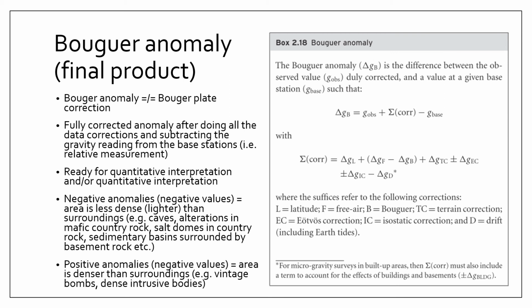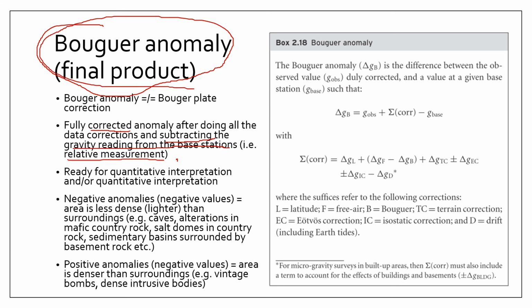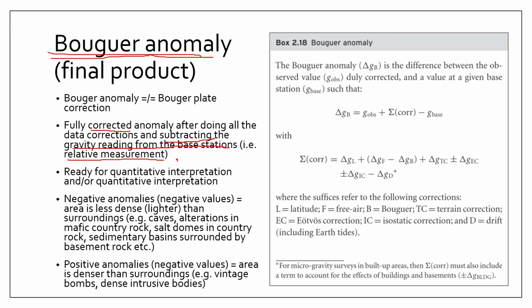Now, finally, after doing all those corrections and after subtracting the gravity reading from the base station to get relative readings, you finally have what we call the Bouguer anomaly. So this is your final product. I kind of hate this term because it's always confusing.